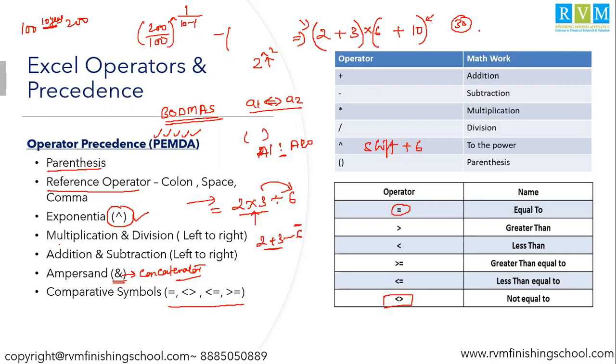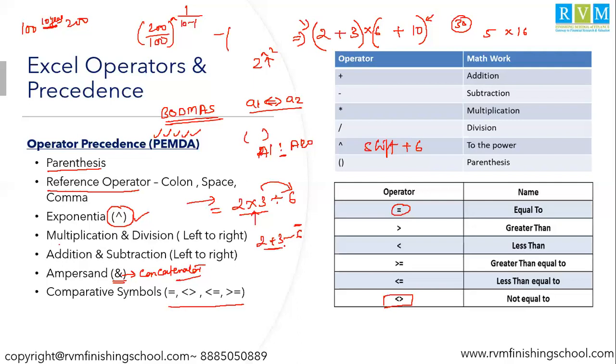So this will be 5 into 16, so 80 kind of a thing will come in. The answer will change based on these brackets. This is why it is important, because this is how we will be solving the problem inside Excel.